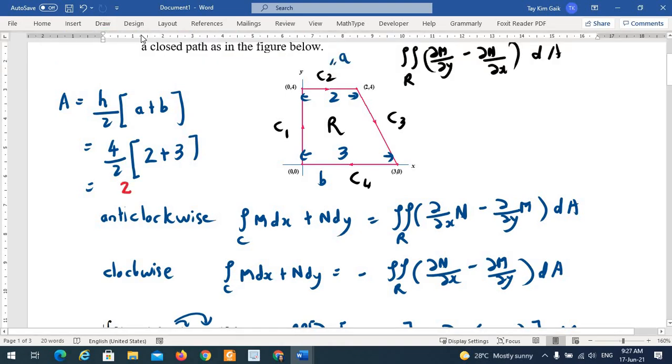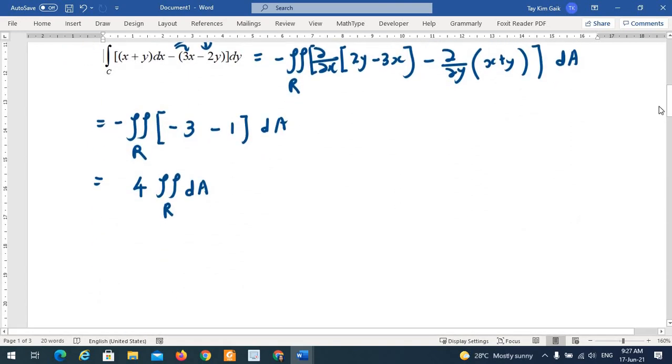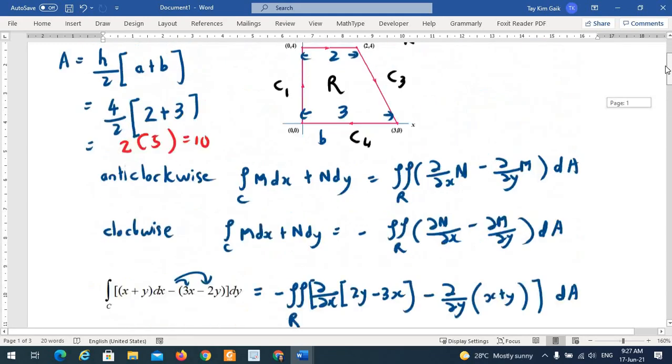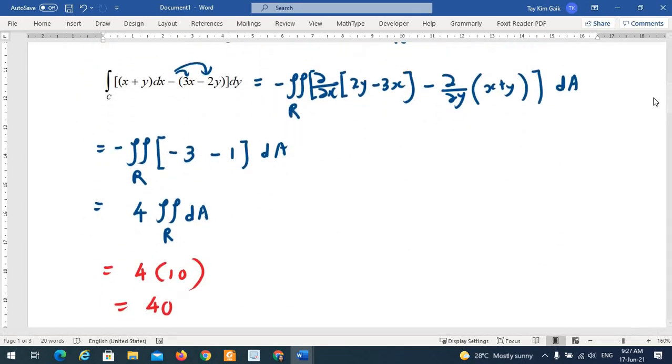So 2 plus 3 is 5, which means the area of this trapezium is 10. That's why the answer is 4 times 10, which is 40. No need to waste our time using the double integral, because this notation represents the area of region R, and your region R is actually the trapezium.